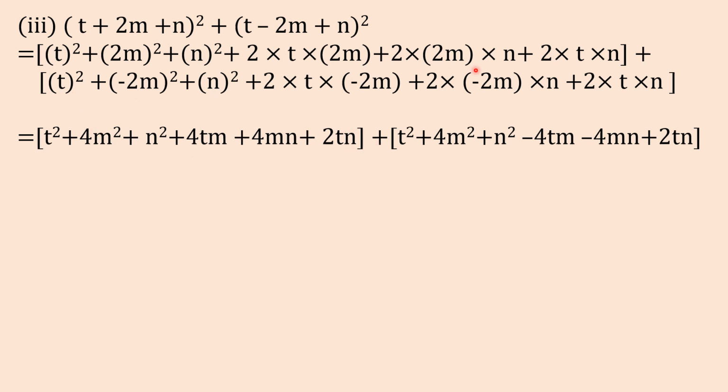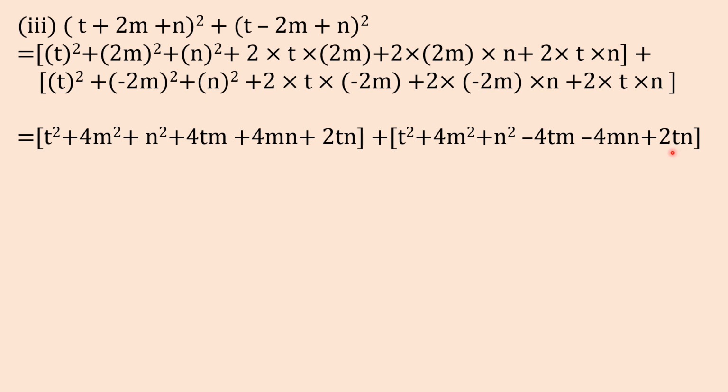Now the second part we will solve. t square plus (minus 2m) the whole square will give you 4m square plus n square plus now 2 into t into minus 2m will give you minus 4tm. Then 2 into minus 2m into n will give you minus 4mn plus 2 into t into n will give you 2tn. Now let's remove the brackets.